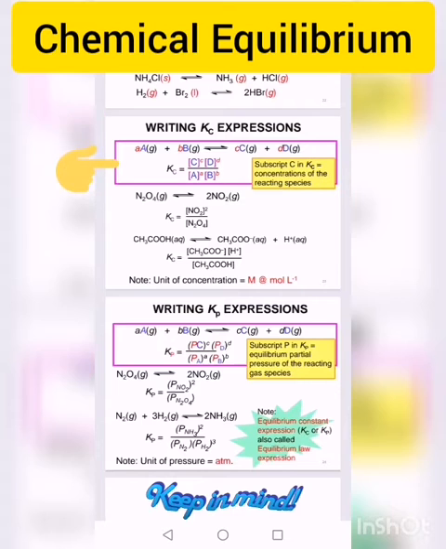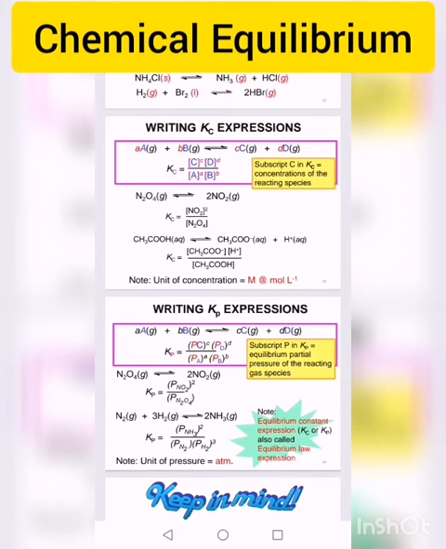For the general example, A and B decompose to produce C and D. Kc, the equilibrium constant, is equal to the concentration of C and D over A and B, considering the coefficients from the stoichiometry of the balanced equation.